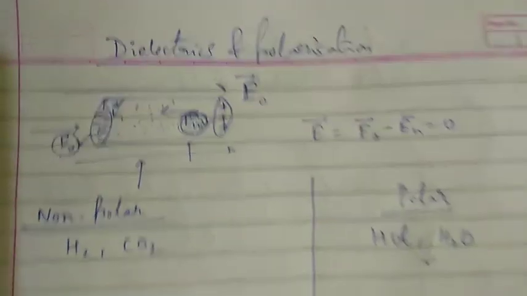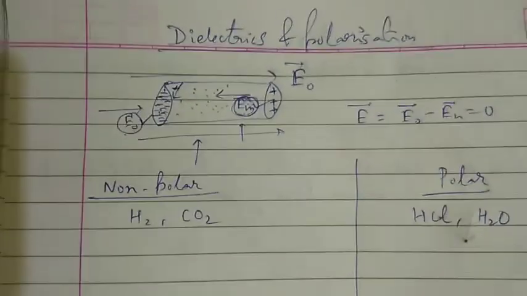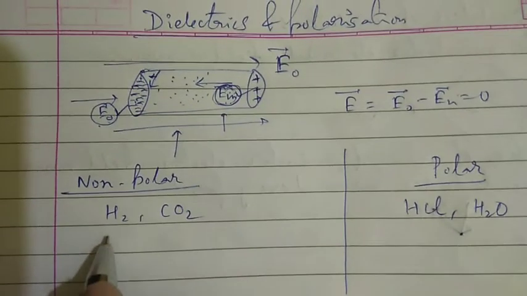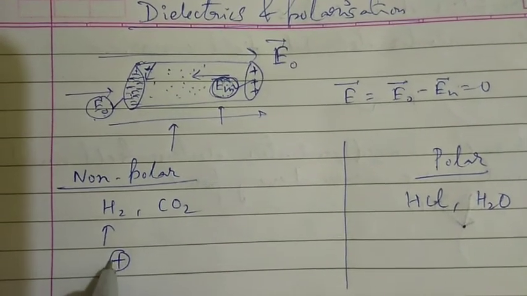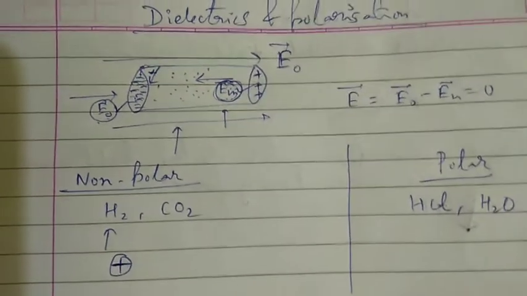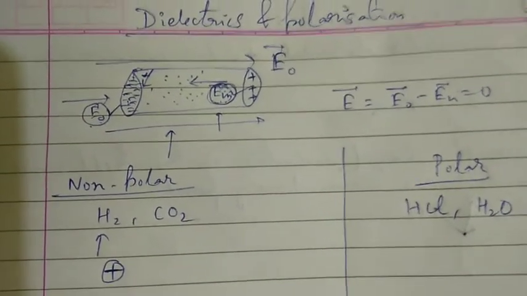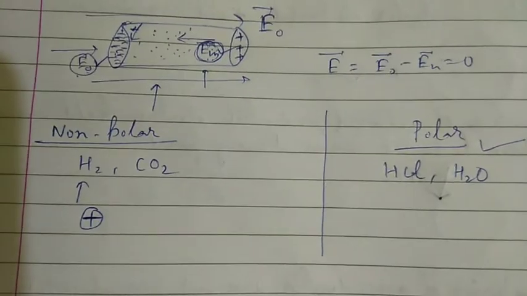Now we have to find out what polar and non-polar actually mean. In a non-polar molecule, the centers of positive and negative charge coincide. There is no separation between the centers of positive and negative charges. But in polar molecules, there is some separation.